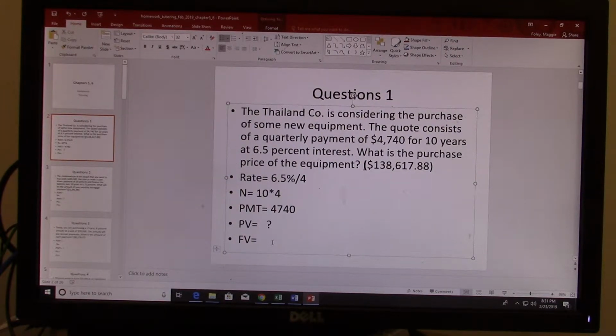The future value here is about the balance in your account by the end of this loan. Since after 10 years, 40 payments, the loan is all paid off, the future value or the account value should be 0. Okay, so those are the inputs.